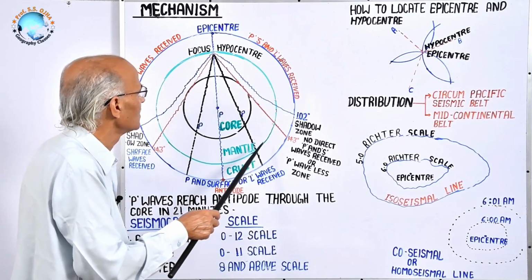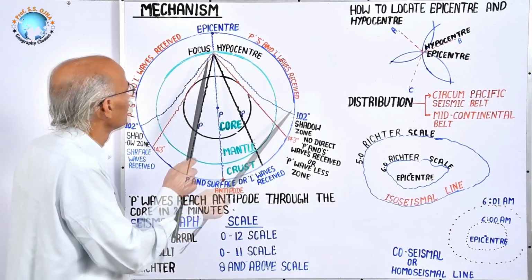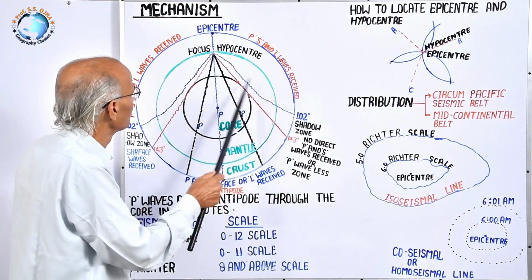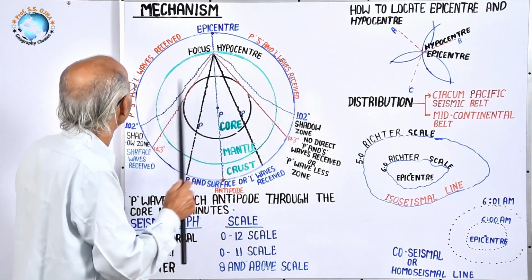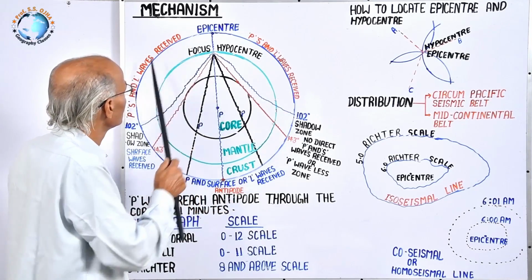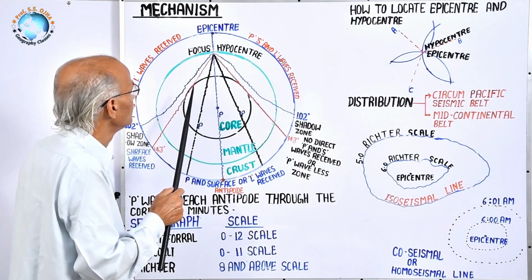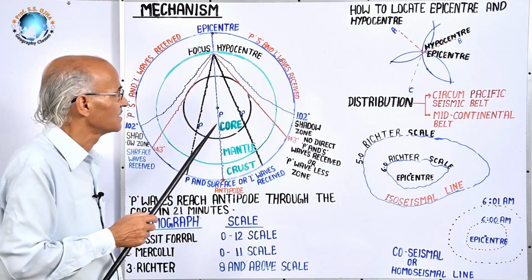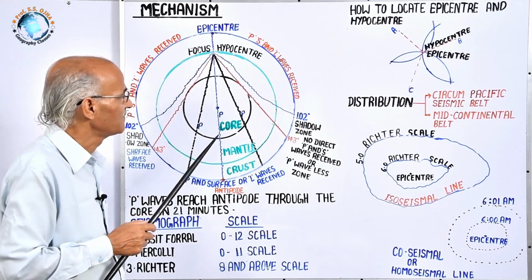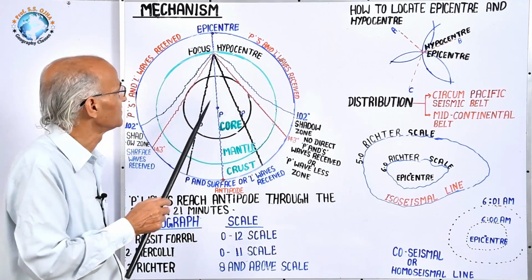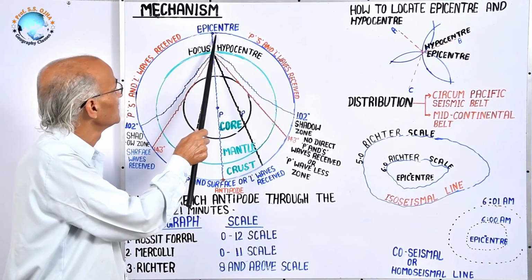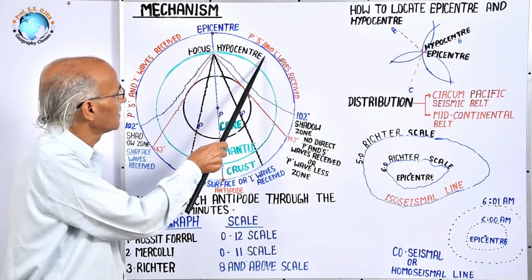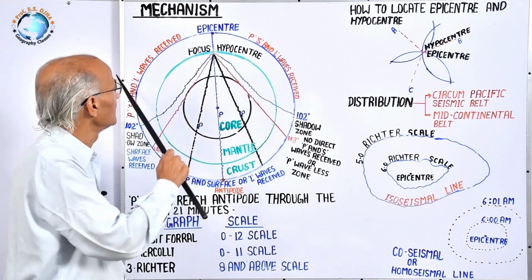And one more thing is that between 102 and this 102 here, P waves are directly received, S waves are directly received, and as you know, L waves are surface waves that result from the impact of P and S waves. That's why love waves start from the epicenter and travel in all directions here and here.